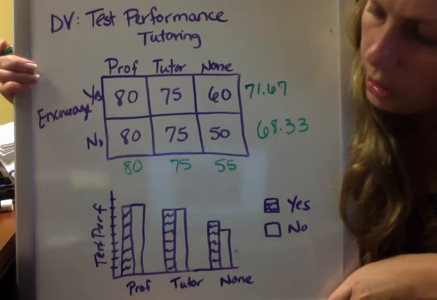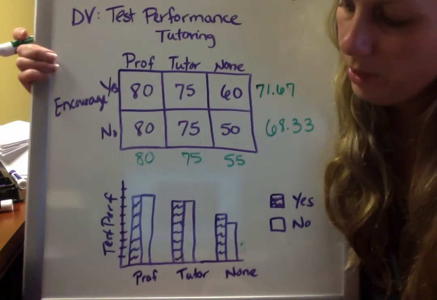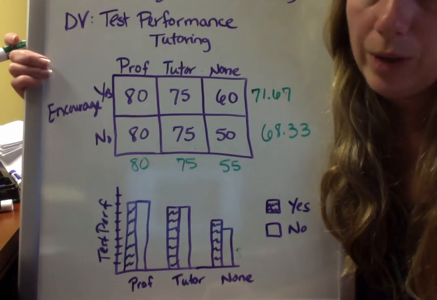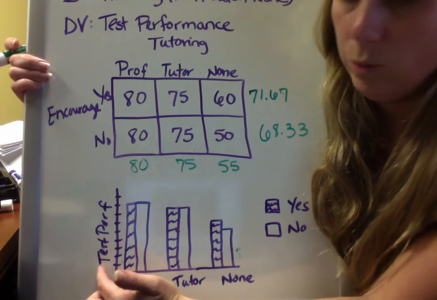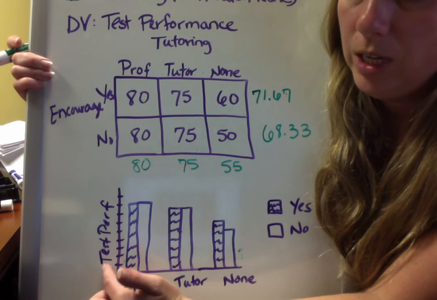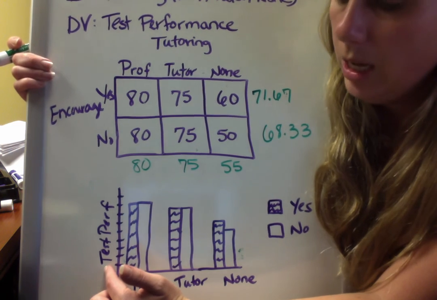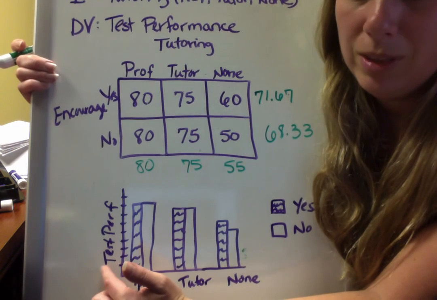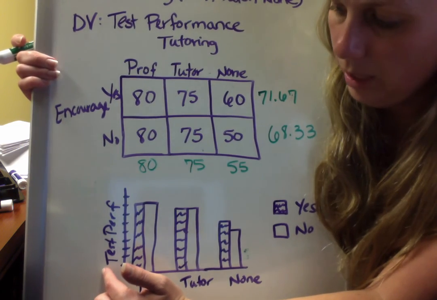All right. So what I have here is my beautiful bar graph. The very first thing that you have to remember is that your dependent variable goes over here on the y-axis. Some of you on your homework left the label off here, and it's important that you write the dependent variable's name right here. It's a good reminder that this is what the numbers mean. All right, all these numbers are referring to test performance, okay?